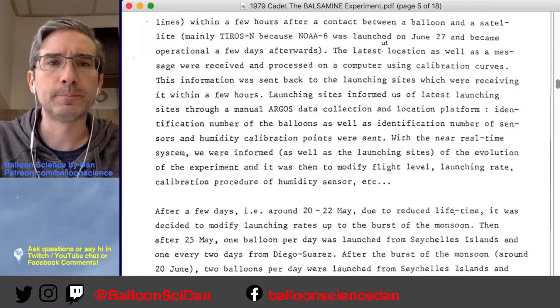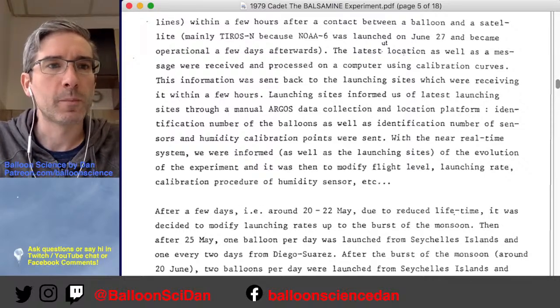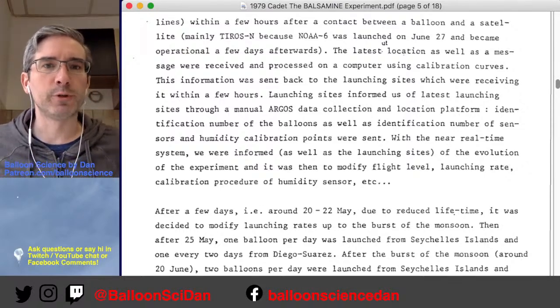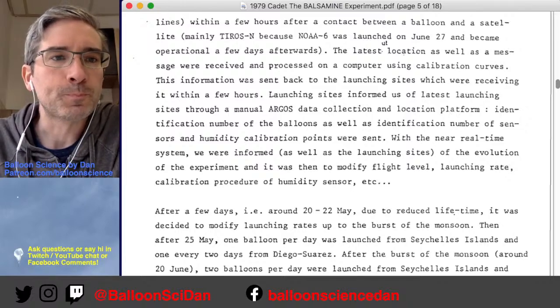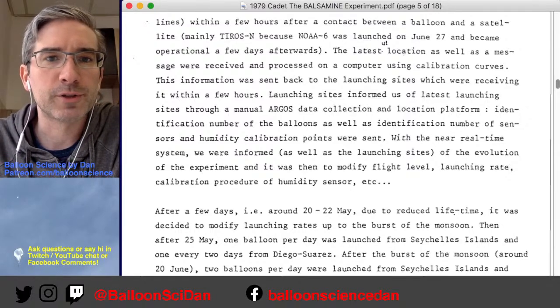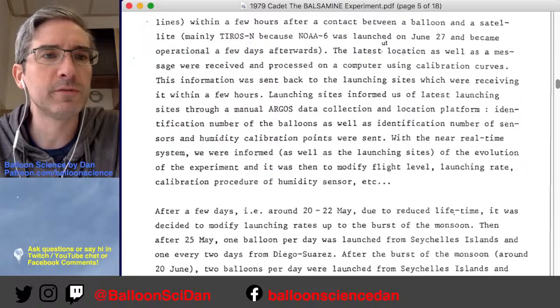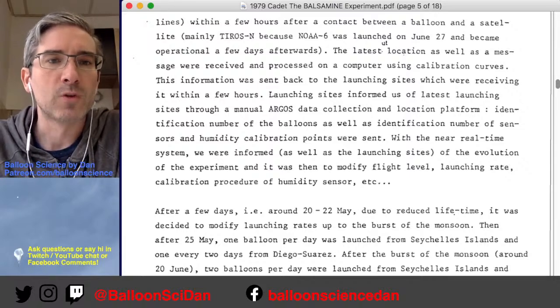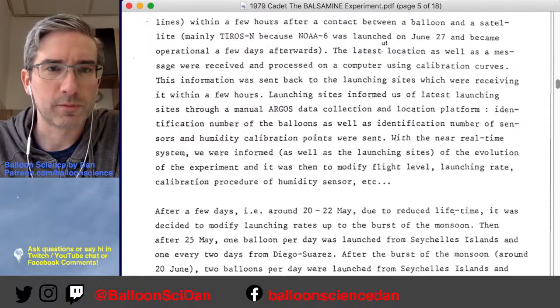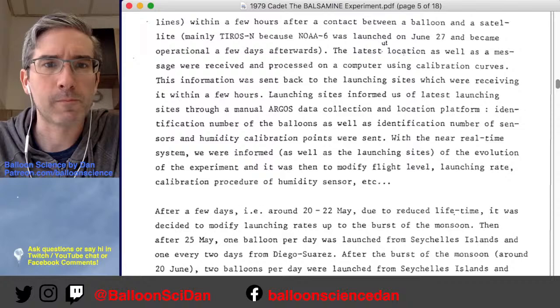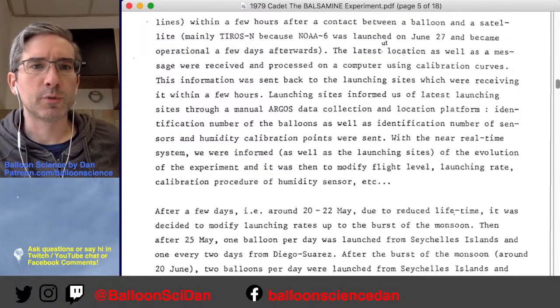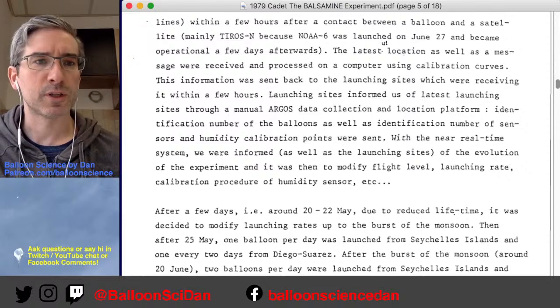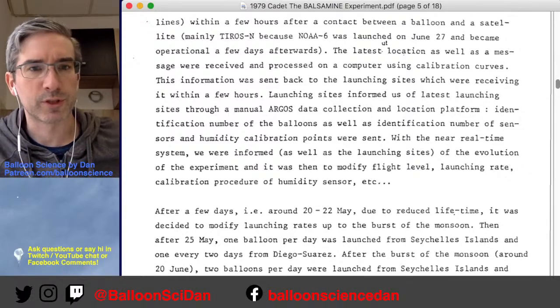The latest location, as well as a message, were received and processed on a computer using calibration curves. This information was sent back to the launching sites, which were received within a few hours. Launching sites informed us of latest launching sites. What? Through a manual Argos data collection and location platform, identification number of the balloons, as well as identification number of sensors and humidity calibration points were sent.